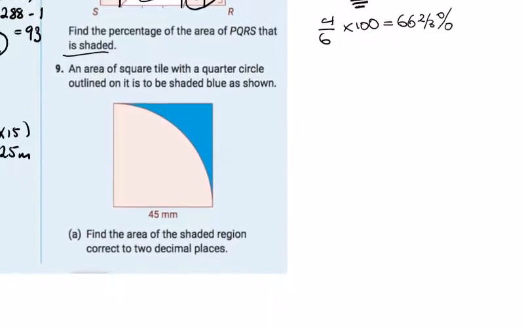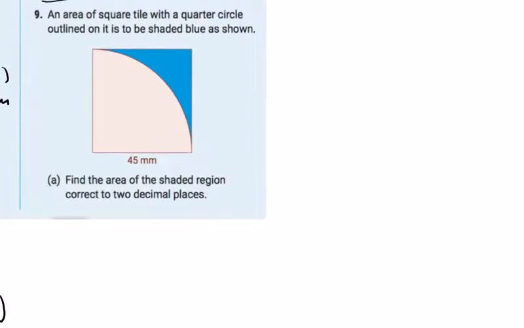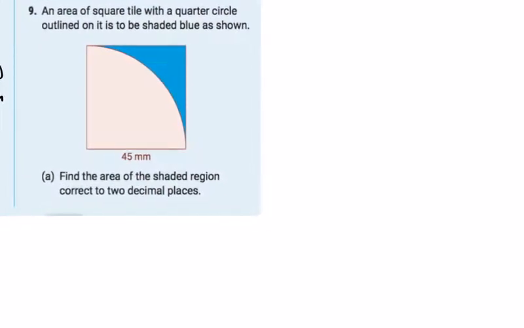And then question 9, the start of which is in this video, the second part of which will be in the next one. An area of square tile with a quarter circle outlined on it, shaded in blue, is shown. Find the area of the shaded region correct to 2 decimal places. Okay, so again, similar to a previous question, we have a quarter of a circle and we have a square.